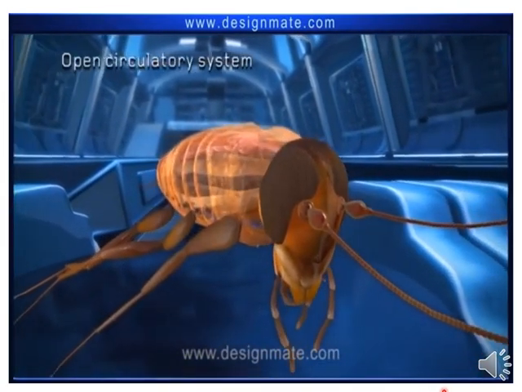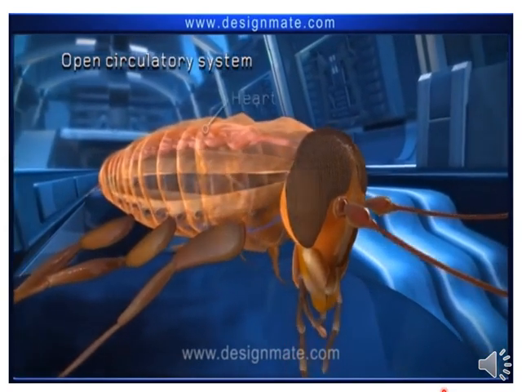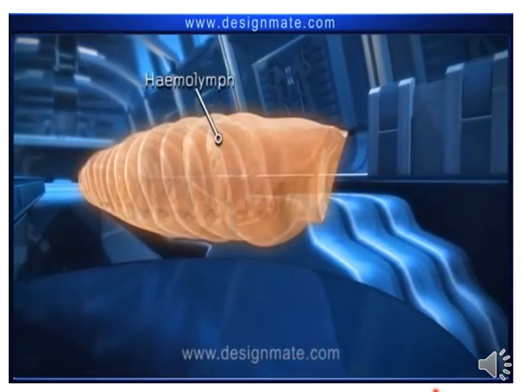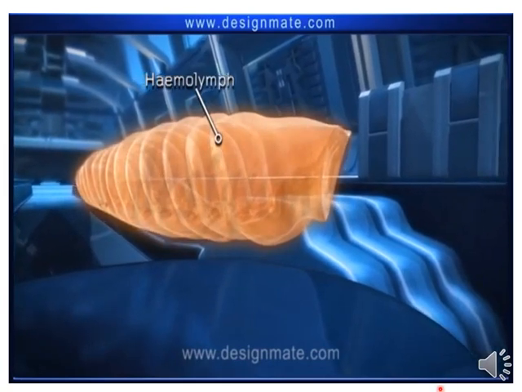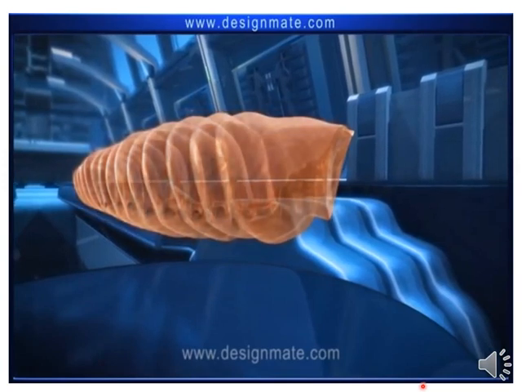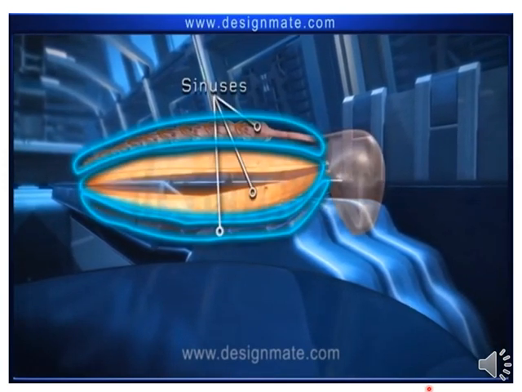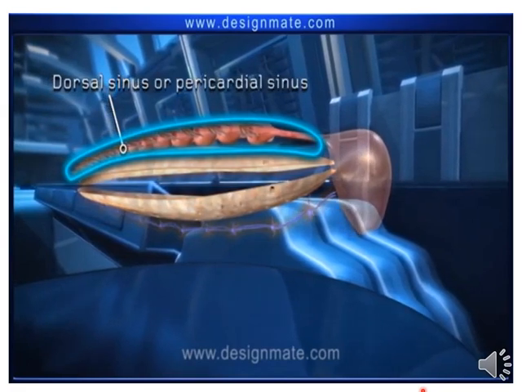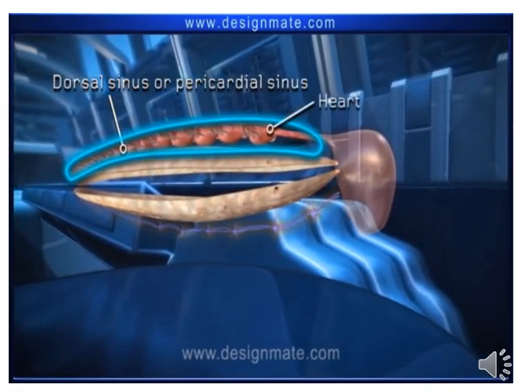Cockroach has an open circulatory system consisting of heart and the hemolymph. The hemolymph is a colorless fluid that fills the body cavity. The body cavity is divided into 3 chambers or sinuses. The dorsal sinus is also called the pericardial sinus as it contains the heart.